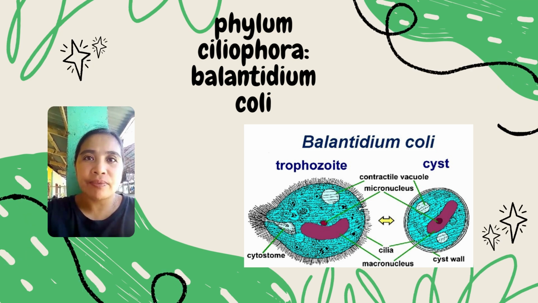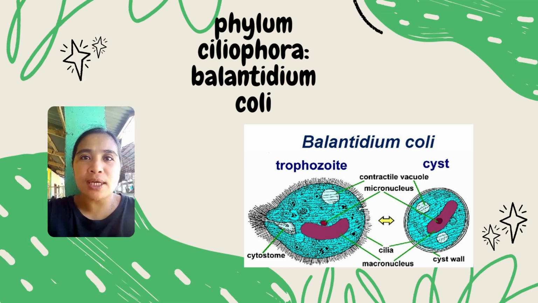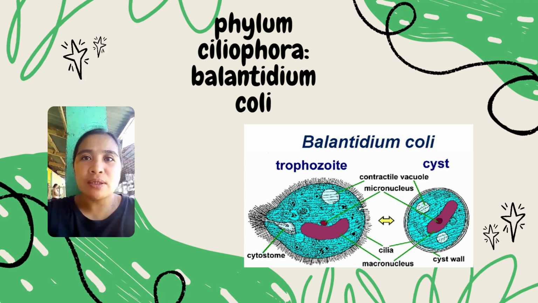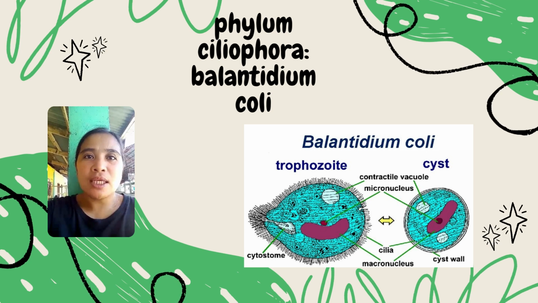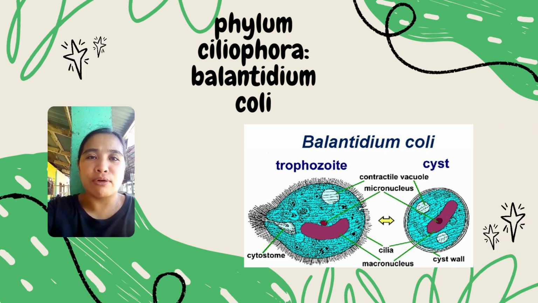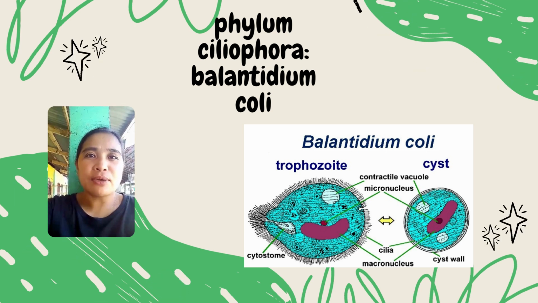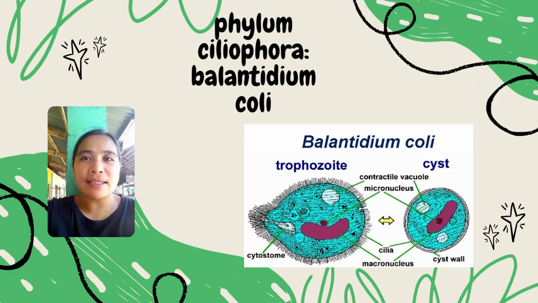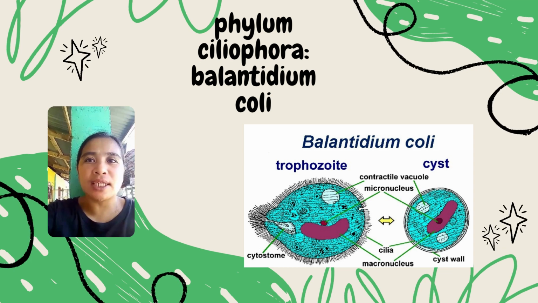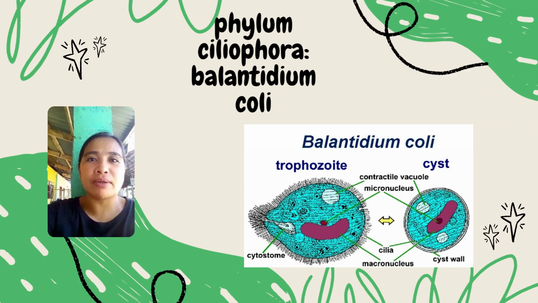Pathogenic stage: trophozoite, which invades the mucosal lining of the terminal ileum, cecum, and colon. It has a rotatory boring motility and 2 nuclei, a small donut-shaped macronucleus and a kidney-shaped micronucleus.